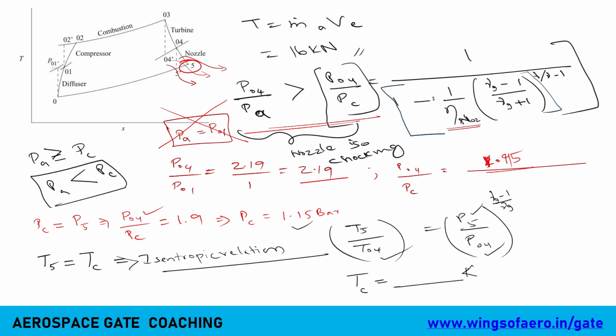Here it is 1 minus 1 by eta nozzle, whole bracket, gamma g minus 1 by gamma g plus 1, close the bracket, then power gamma by gamma minus 1. Now find this relation and tell me what temperature you are getting.